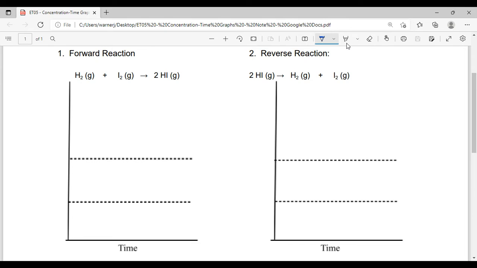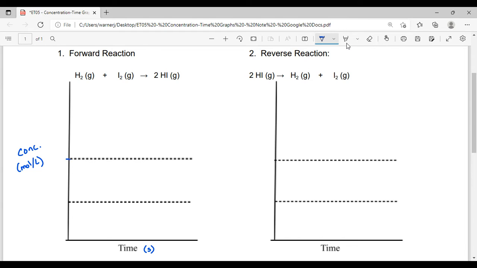So if we consider our H2 and our I2, and we want to look at our reaction, I'm going to label my axes here. This is concentration, we'll say in moles per liter, and time, let's say seconds, whatever it is. It doesn't really matter to us.